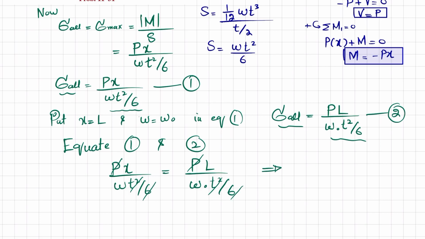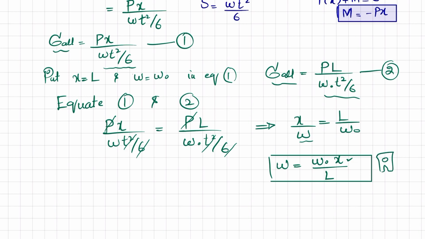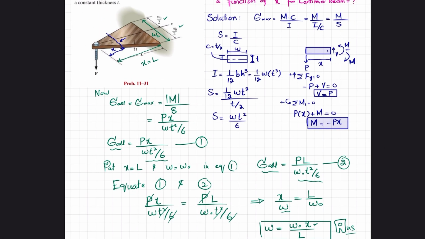So we are left with x over W is equal to L over W naught. We are interested in finding W in terms of x. So W is equal to W naught into x over L. You can see that this W is a function of x, and this width is equal to W naught into x over L.